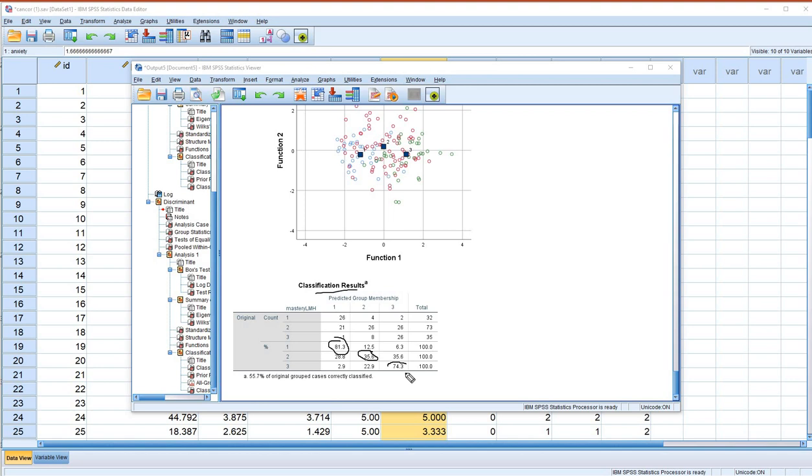And then we had 74.3% of those individuals falling into the high group were correctly predicted to do so based on the model. So the overall classification accuracy, or the hit rate, is 55.4%. But you can see that where our hit rate is really suffering is due to problems with predicting membership in the middle mastery goal group.